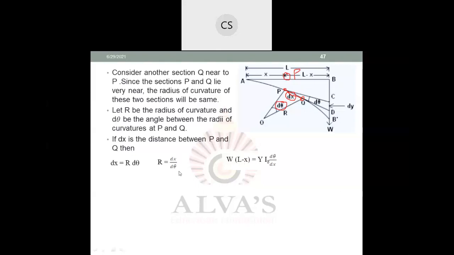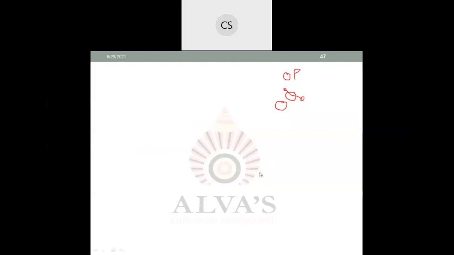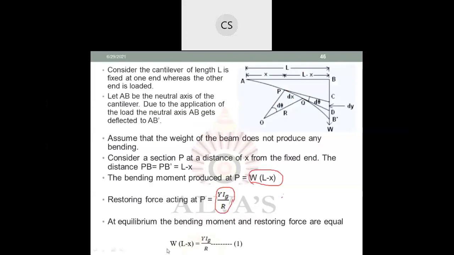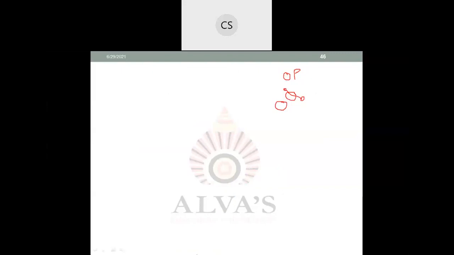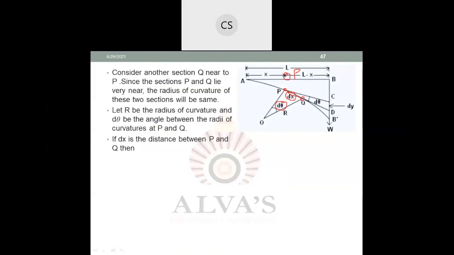At this moment, let us take the previous expression. What was that? W into L minus x is equal to Y into Ig by R. The radius of curvature was there, so the same thing can be substituted.